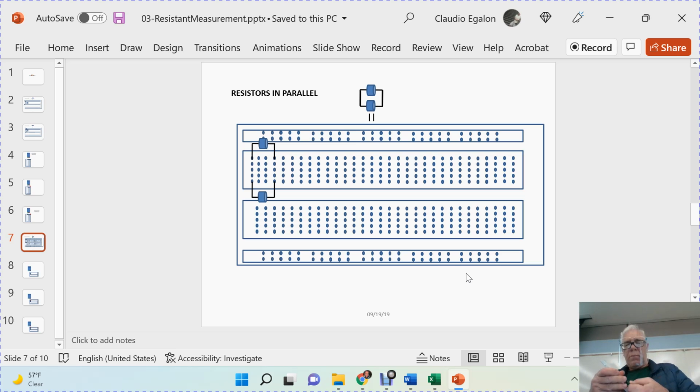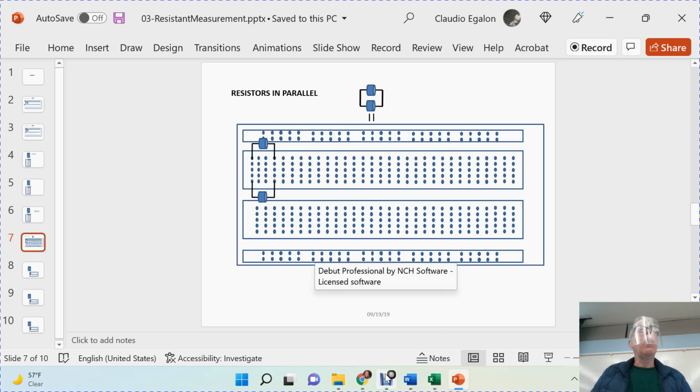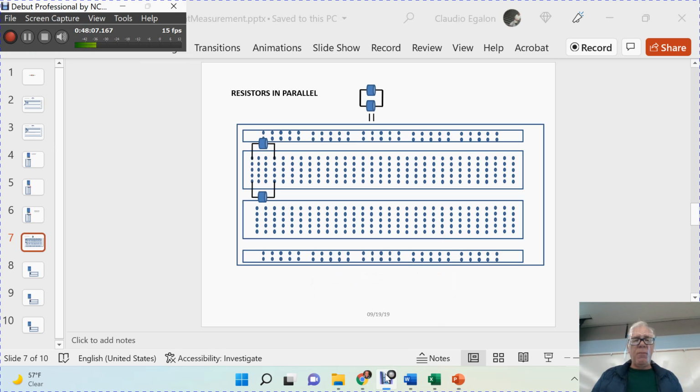It's like that. That's how you connect your resistors in parallel. You are going to do R1, R2, R3, R4, R5, R6. So that's what you have to do. No, it doesn't matter. Any of those holes would work.